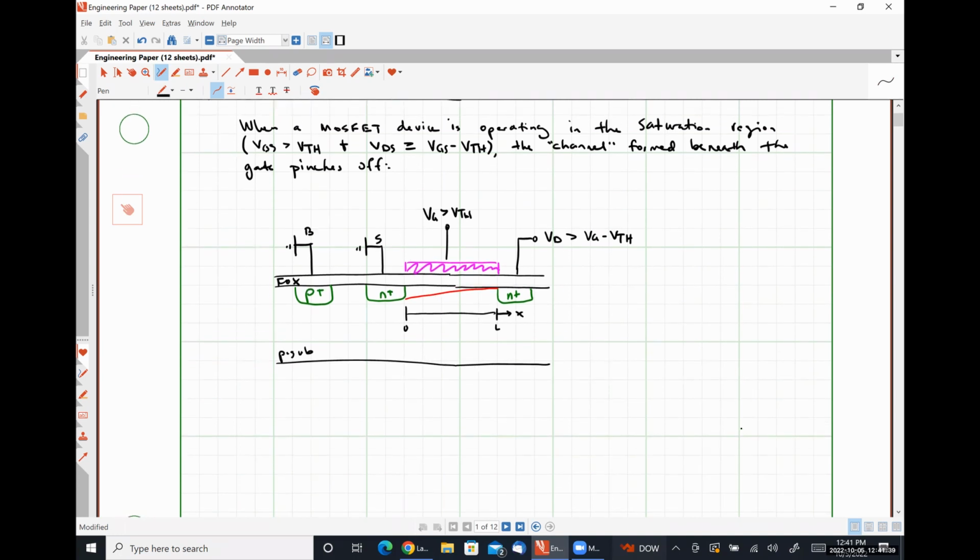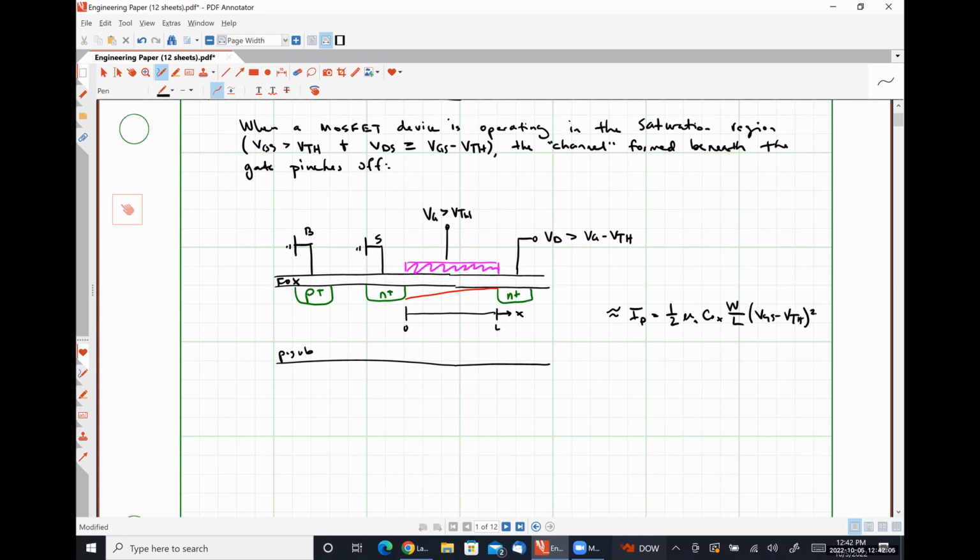So what we talked about in class, on Monday, was simply we took the drain current ID to be 1/2 mu n C ox W over L times the quantity VGS minus VTH squared.